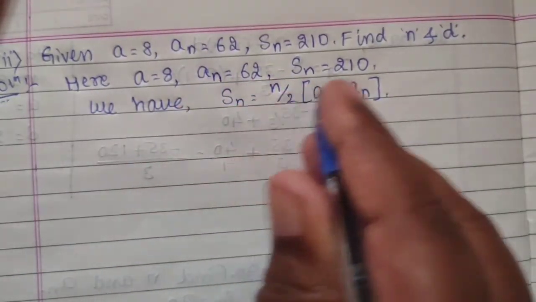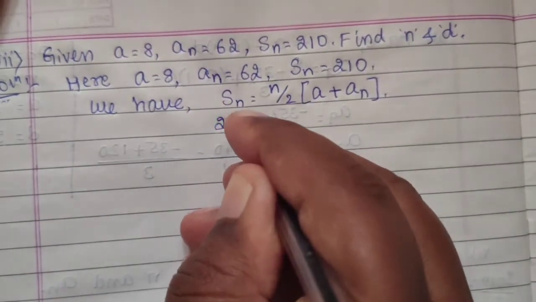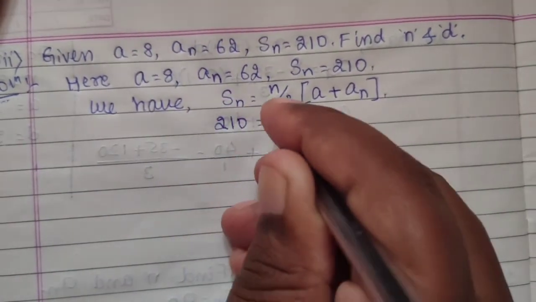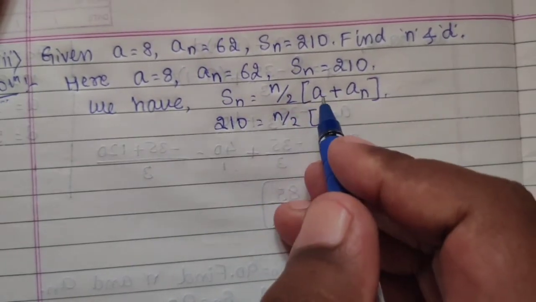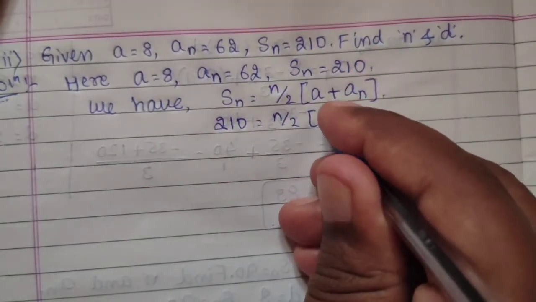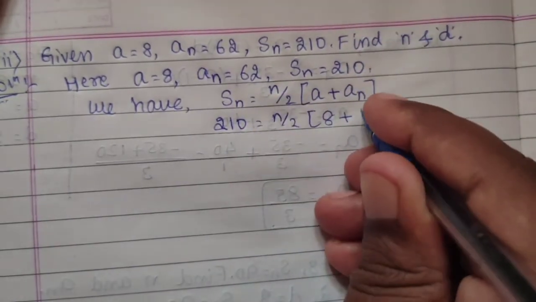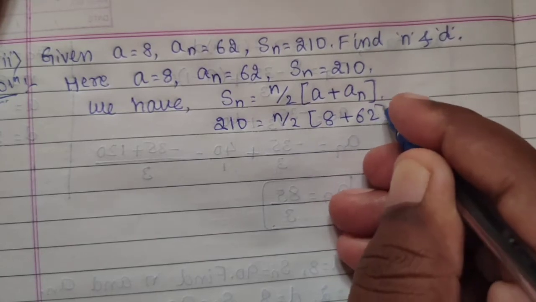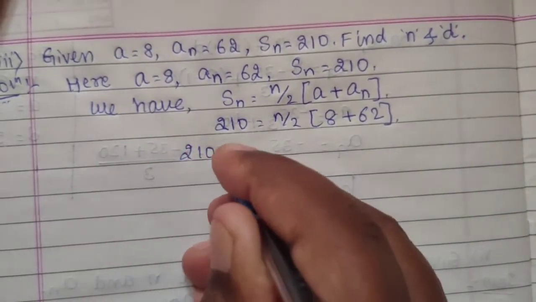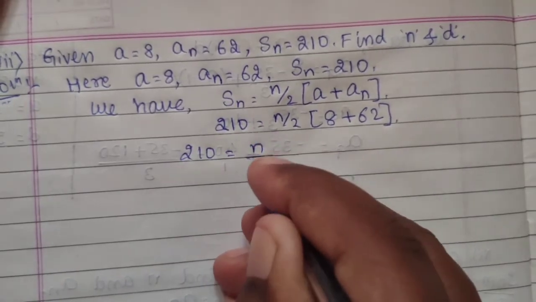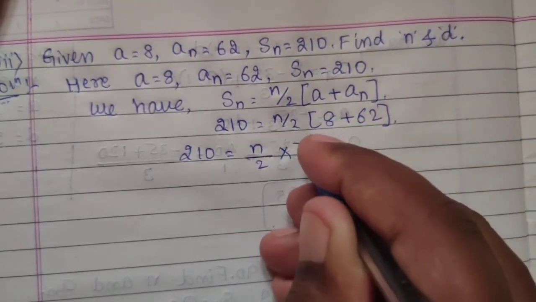The value of sn is 210 is equal to n by 2 into value of a is 8 plus value of an is 62. 210 is equal to n by 2 into 62 plus 8 is 70.